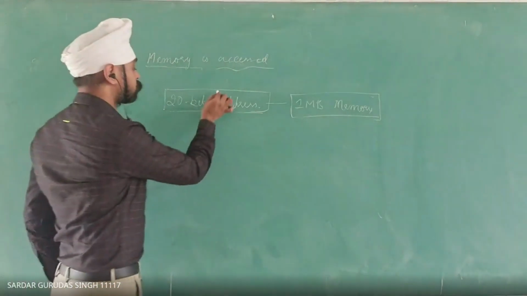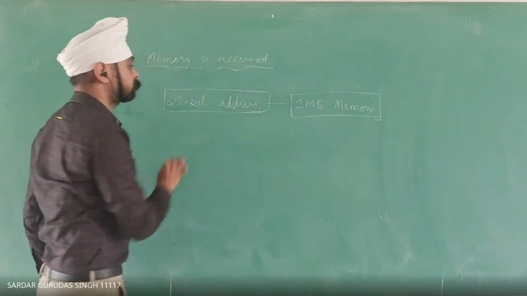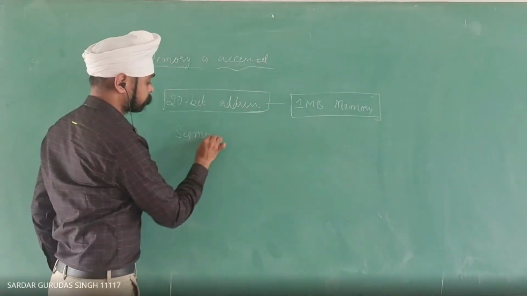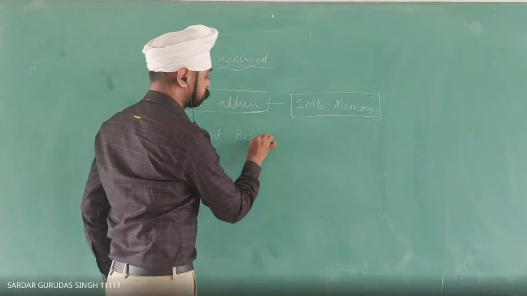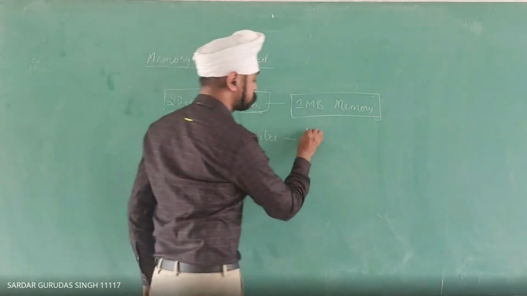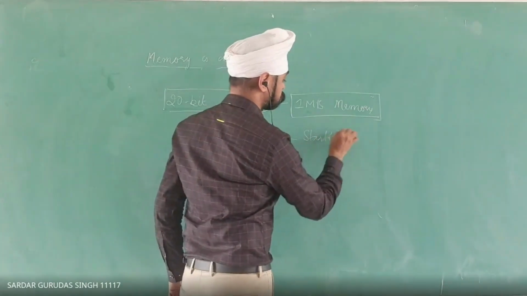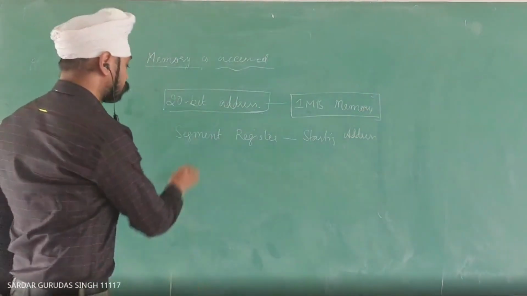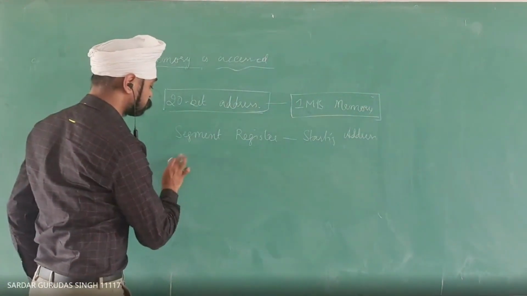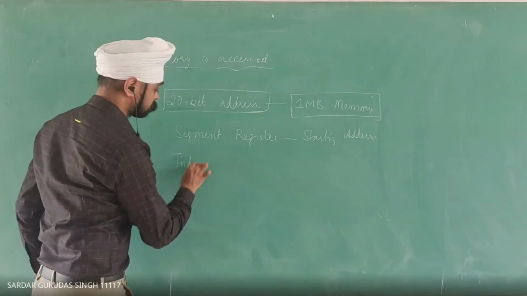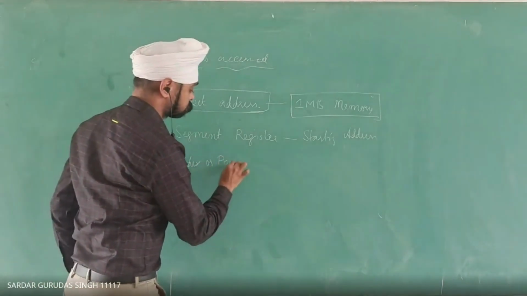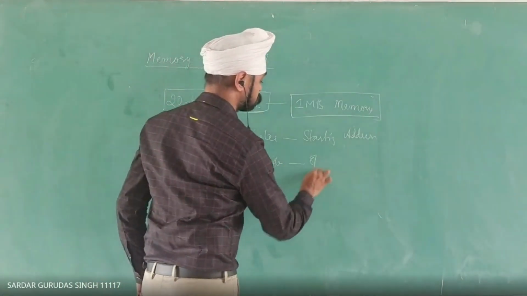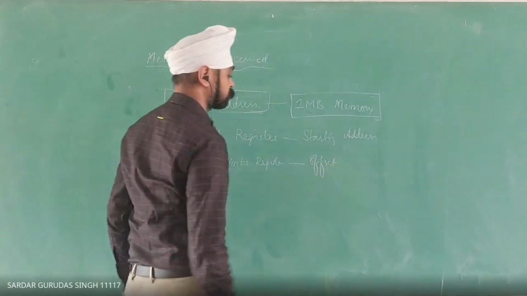And this address is formed with the help of two registers. One is the segment register, in which we specify the starting address, and another type of register is the index or pointer register, in which we specify the offset address.